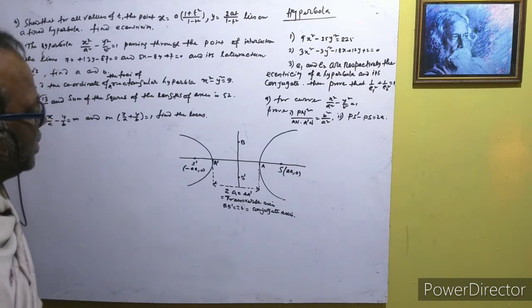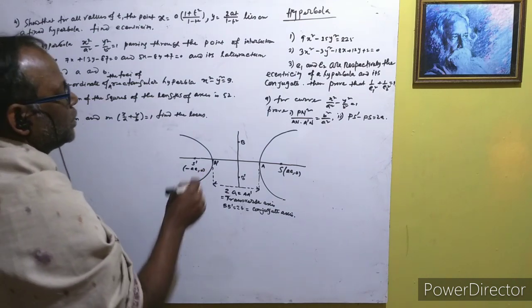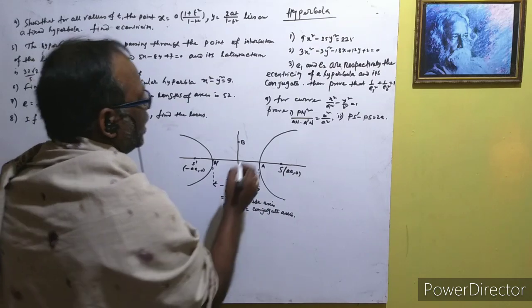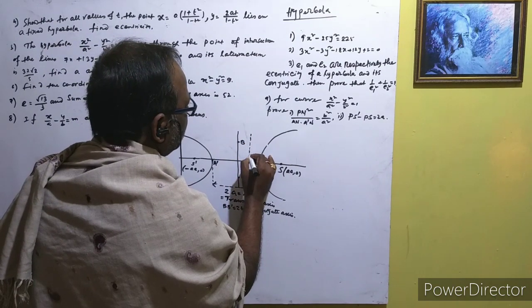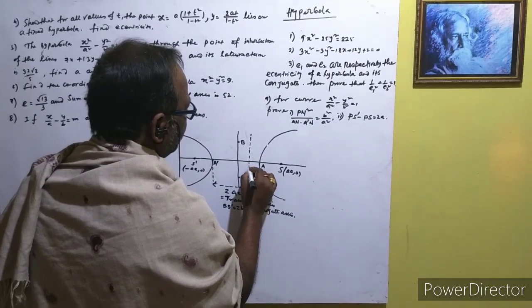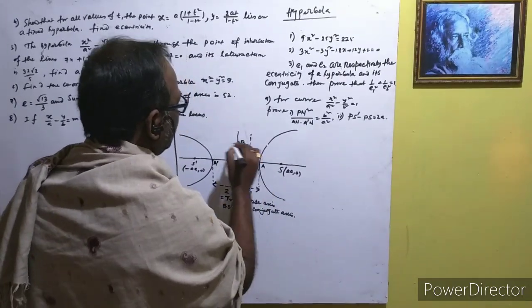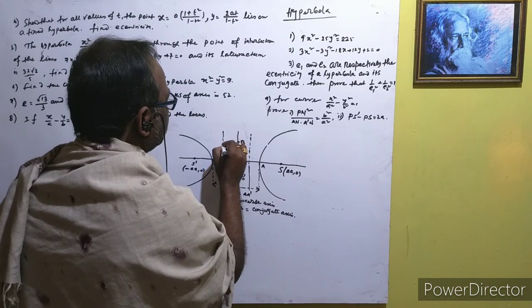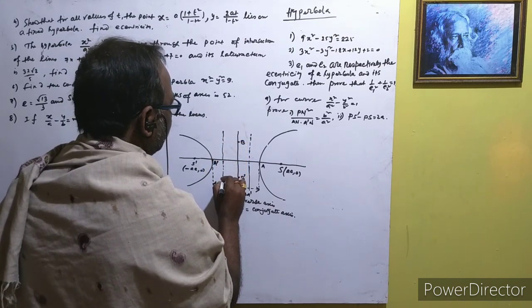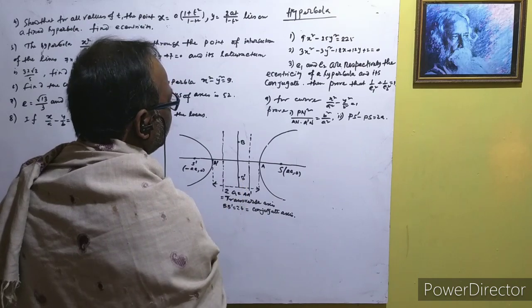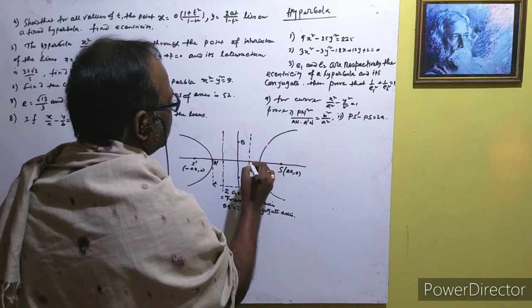Okay, and this is S here, that is (AE, 0), and the directrix is here. This is a directrix, and this is another directrix, the same as for ellipse and hyperbola. There are two directrices, but for parabola there is a single directrix.